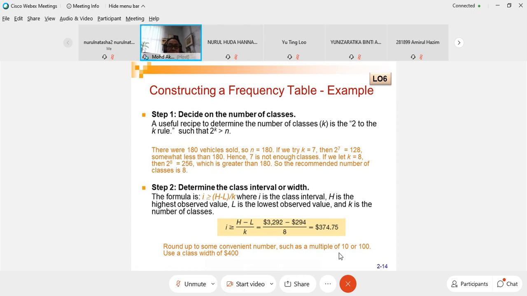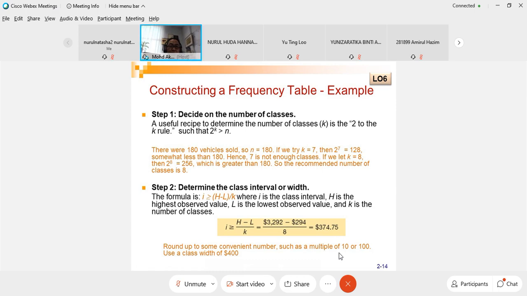We need a value where 2 power by k is more than 180. For the next step, I would like to ask Nurul Huda again. Try 2 power by 8, what do you get? 256. Okay, we get 256, and that 256 is more than 180. So when we get more than 180, that means the formula is fulfilled.